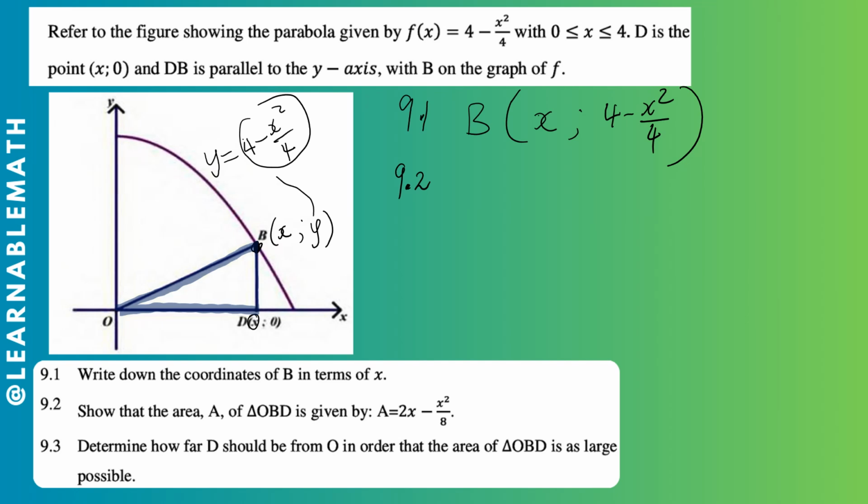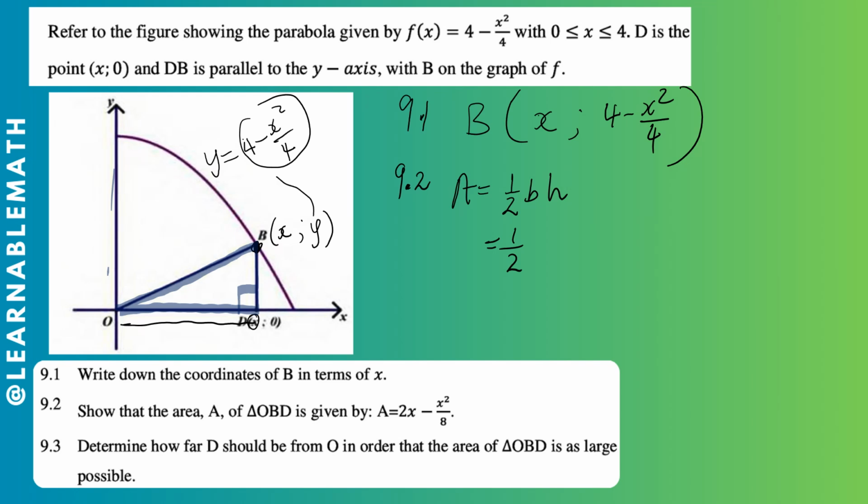Okay, so you know that in this triangle we were told that BD is parallel to the y-axis, so obviously we know that this is 90 degrees, so that is a right angle triangle. So to get an area in a right angle triangle, it will be half base times height. Okay, so half, what is your base? Your area is expressed in terms of x, so we'll write our base in terms of x.